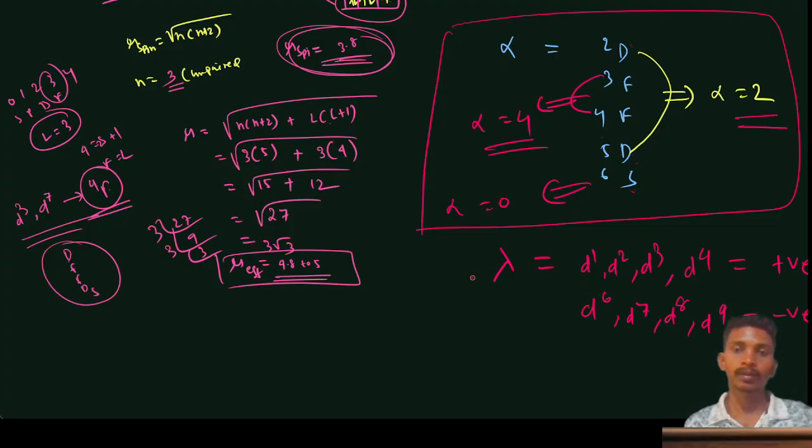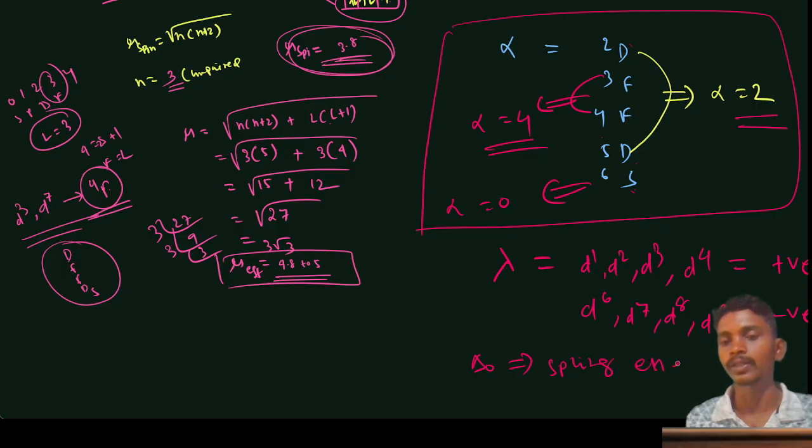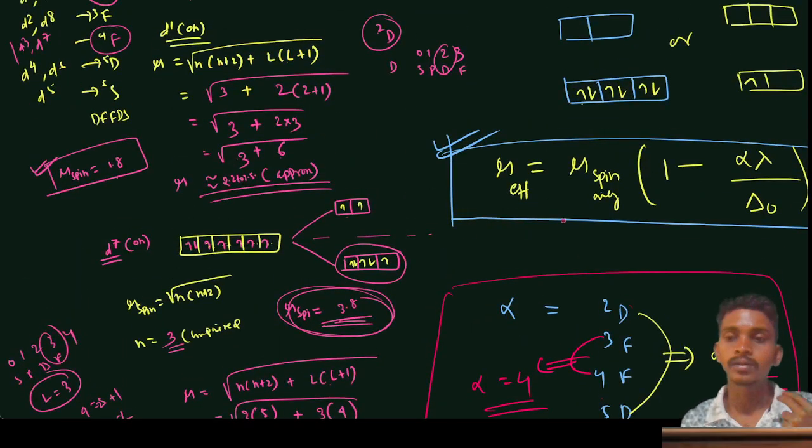Okay, a negative value will come, and delta naught is the splitting energy, so you can easily calculate the splitting energy from that. If it is a doubly degenerate or non-degenerate case, then for calculating the magnetic moment we will use this formula.